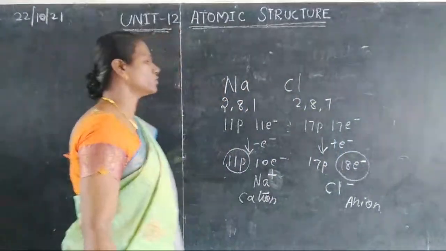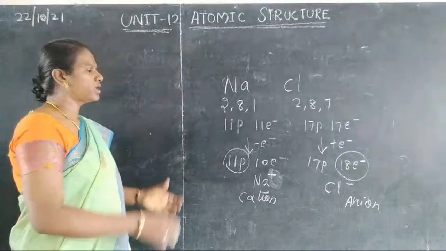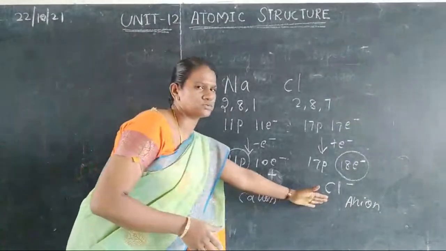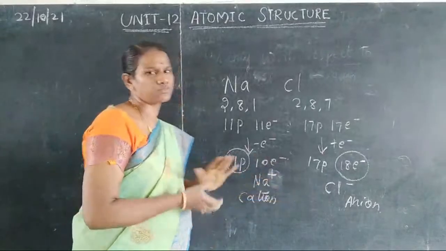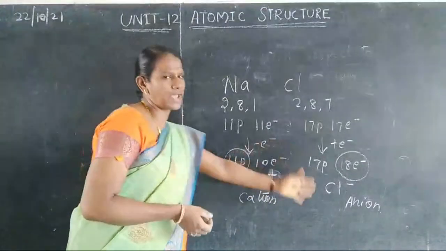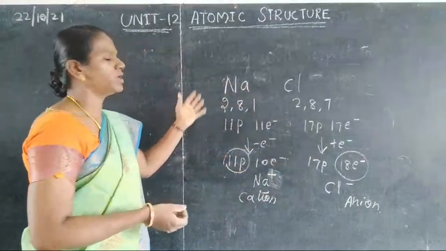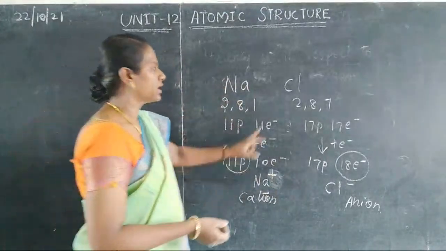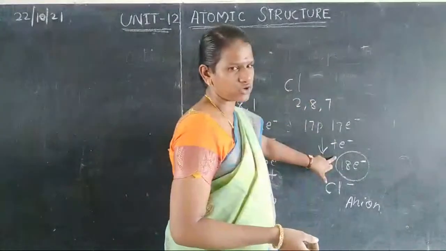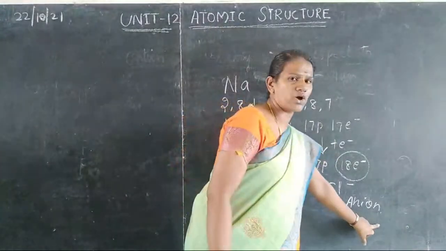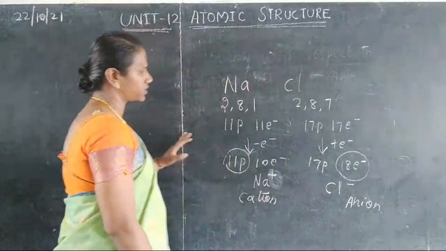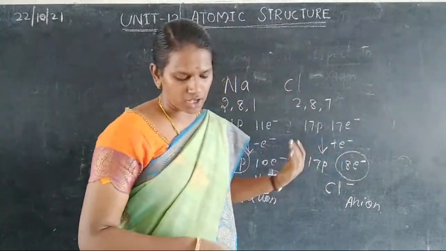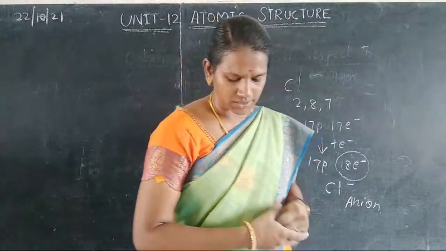If an atom loses an electron, it becomes a cation. If an atom gains an electron, it becomes an anion. Next, the types of ions.